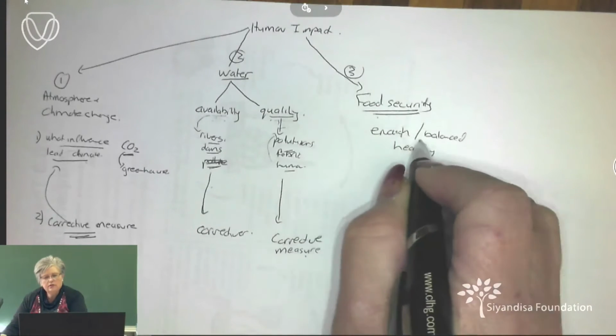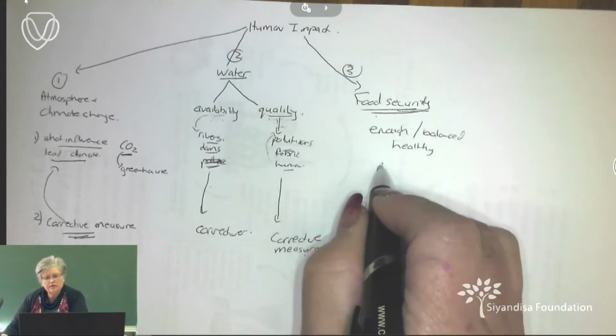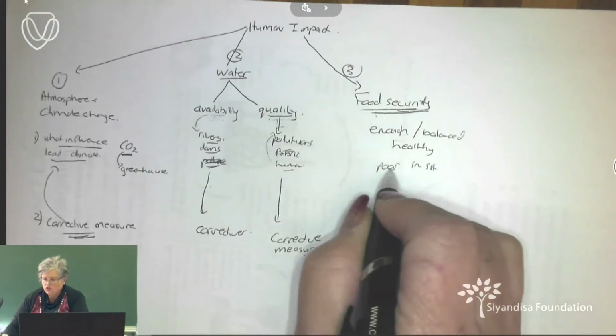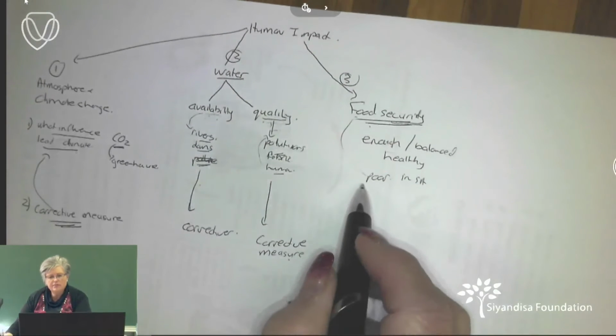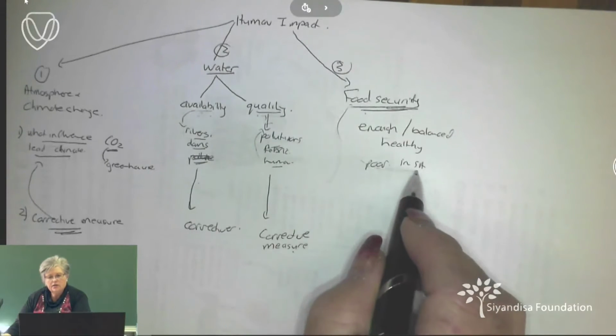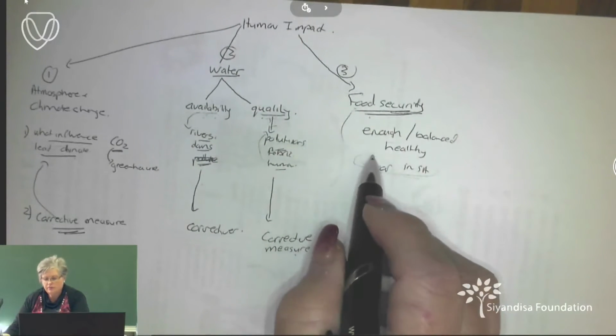The moment that we look at this, we can immediately also see that the poor in South Africa are not in a food security zone because they don't have a balanced diet. They usually live on carbohydrates. So this is a very important topic for us.